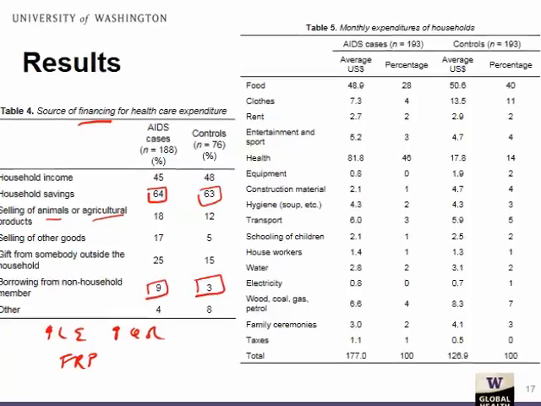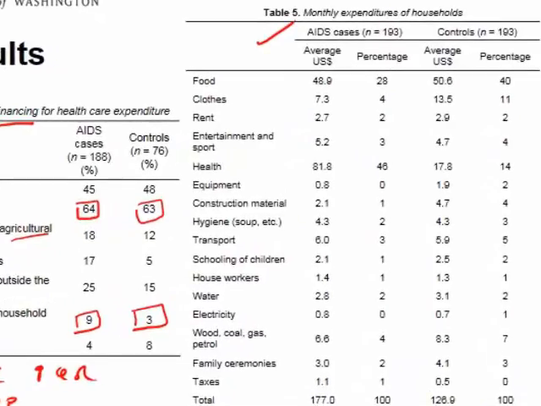And this table 5 is monthly expenditures of households, and you see what people are spending on. So for households of patients who have AIDS, they're spending on things like food, but it's not different. Even those who don't have patients with AIDS were spending on food and clothes and stuff like that, and entertainment.